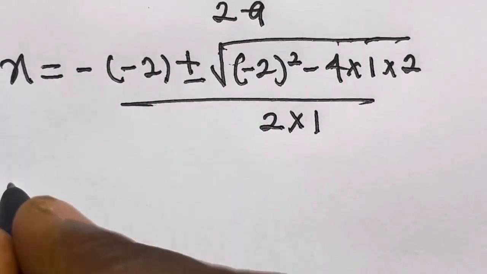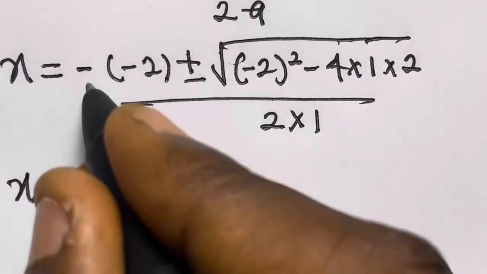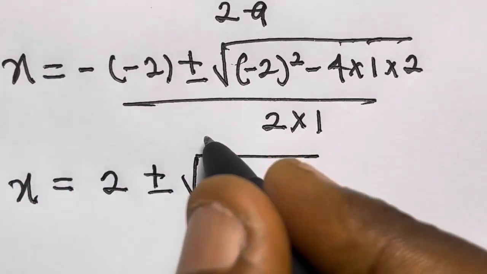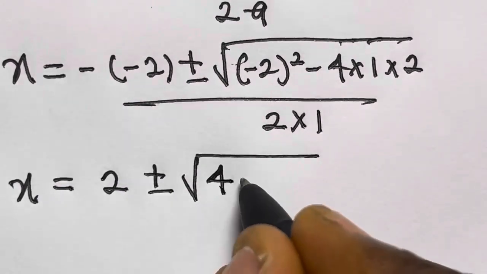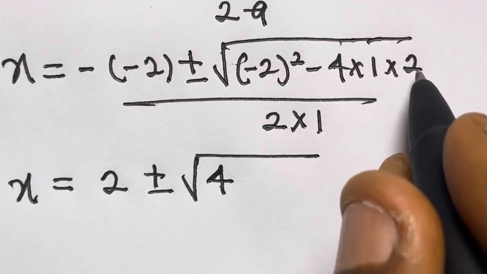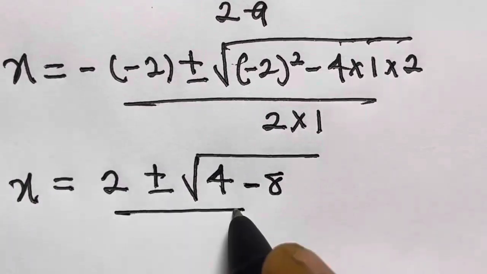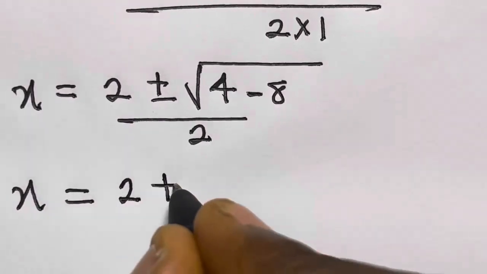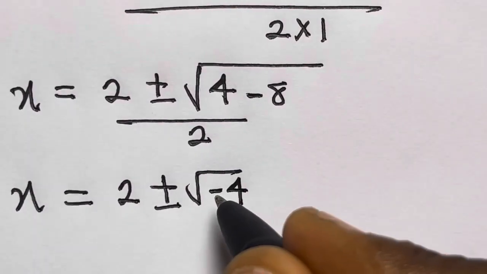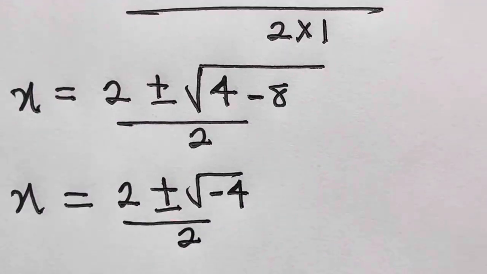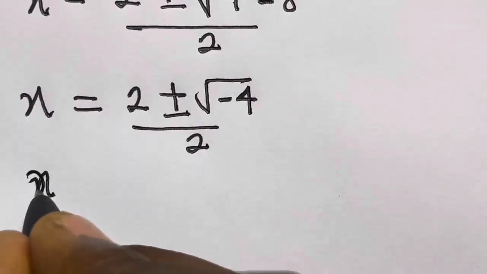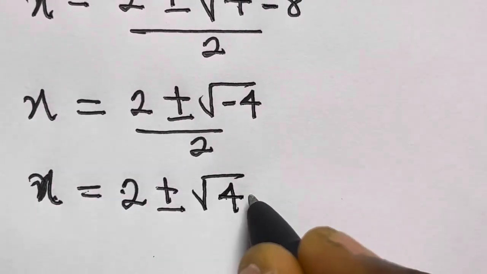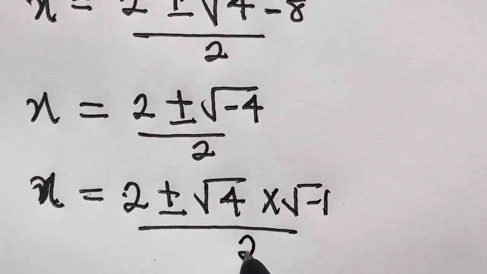So we have x equals minus 1 times minus 2, that is 2, plus or minus square root of minus 2 squared, that is 4, minus 4 times 1 times 2, that is minus 8, divided by 2. So we have x equals 2 plus or minus square root of minus 4, divided by 2, and this becomes x equals 2 plus or minus square root of 4 times square root of minus 1, divided by 2.